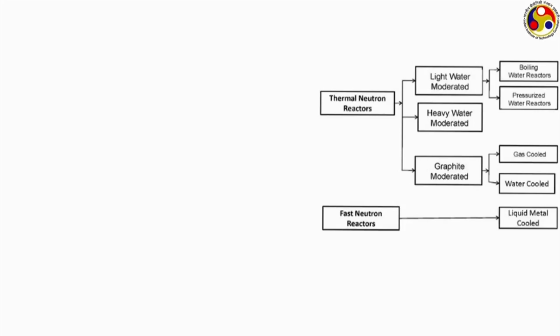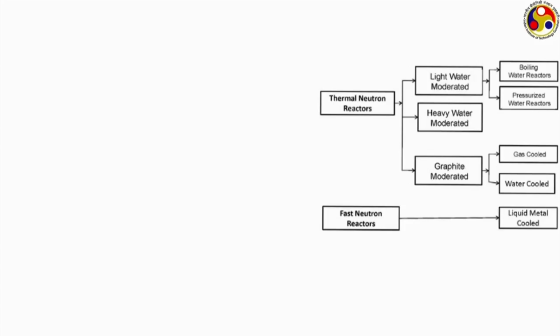And these so-called light water reactors again can have two principal classifications: boiling water reactor and pressurized water reactor. There can be quite a few others also, we shall be talking about them later on. Similarly, graphite moderated reactors also, depending upon the nature of the coolant, can be gas cooled or water cooled. And in case of fast neutron reactors, what can be the moderator in a fast neutron reactor? What is the purpose of moderator?